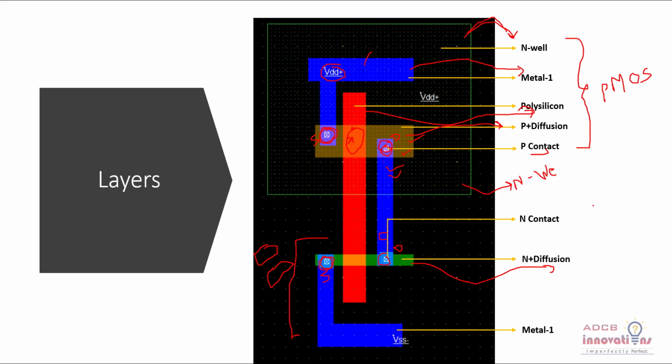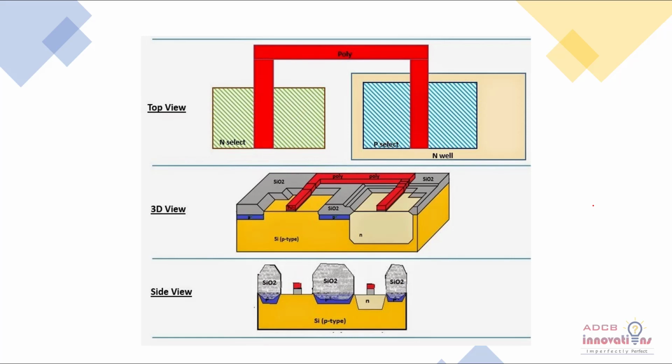So now you might be wondering how it actually looks like an inverter. So let me just show you. This is the actual 3D view. So we can see here that this is our PMOS, and this is our NMOS. So you can see this whole thing is a p-type substrate. As I told, that whole layout is the p-type substrate.